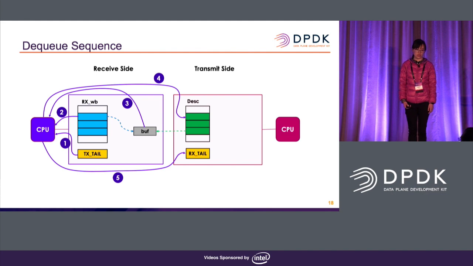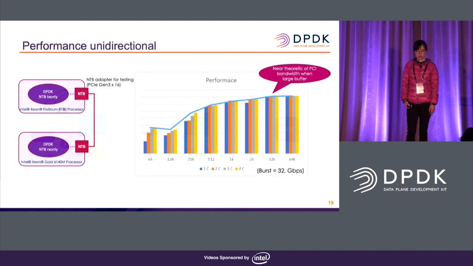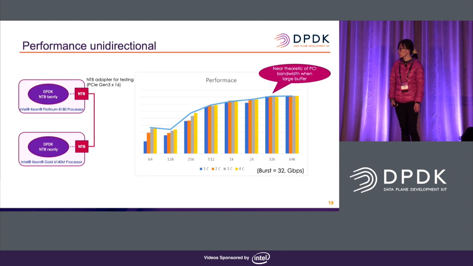So the dequeue and enqueue functions are very simple here, but we did a lot of optimizations. Those who are familiar with our RX/TX burst functions know there may be some threshold things and bulk looking things. We also did that part in our NTB Poll Mode driver. So this is the performance we get from our benchmark. We connect two CPUs by the NTB adapter and use the NTB forward application.